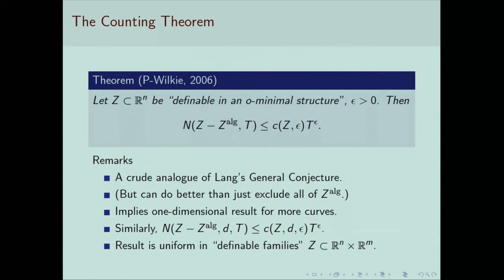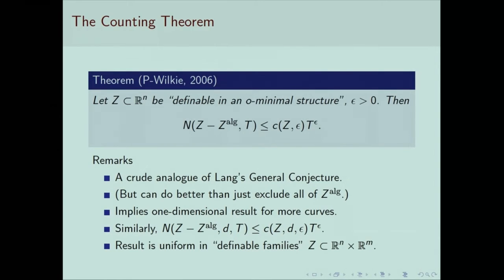So you can view this algebraic part as being a crude analog of the special set in diophantine geometry. These algebraic things inside Z might or might not have lots of rational points on them, depending on what kind of algebraic sets they are.